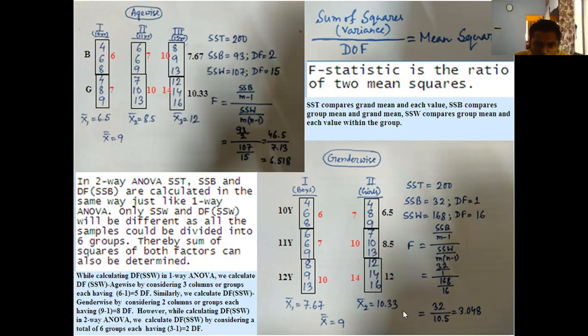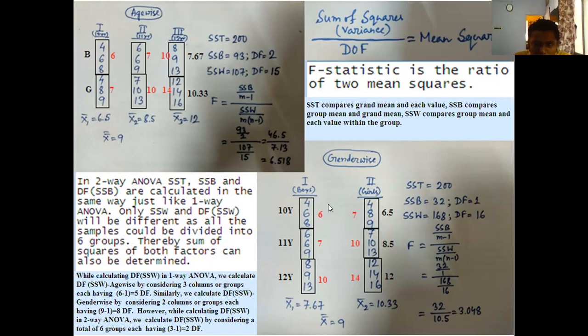So these means and these means are not the same. These means can only represent one particular factor. But this one, whenever I'm saying this mean, can take care of both factors.